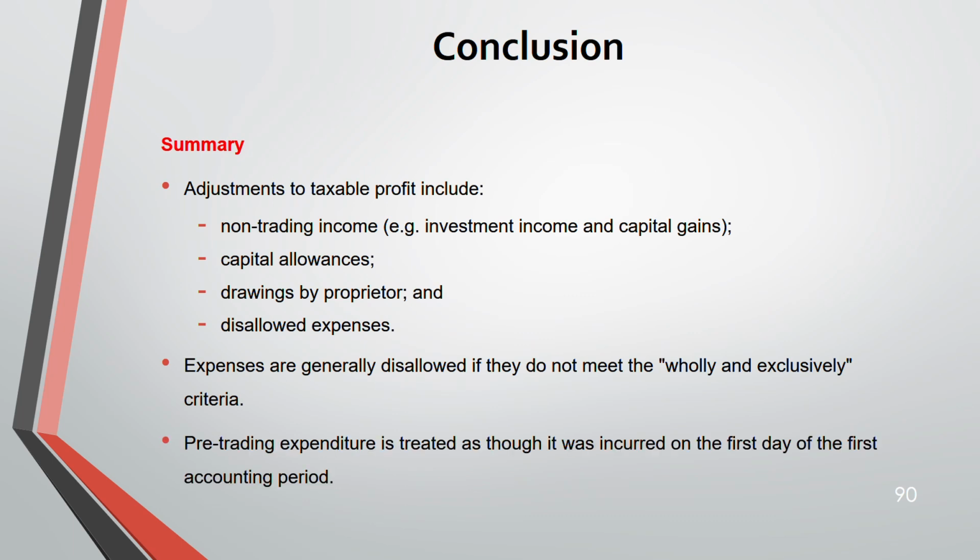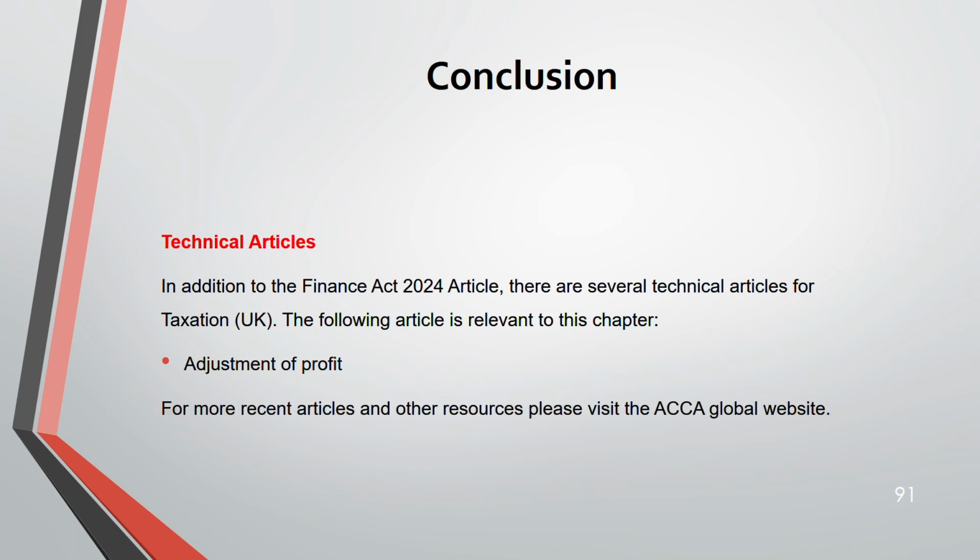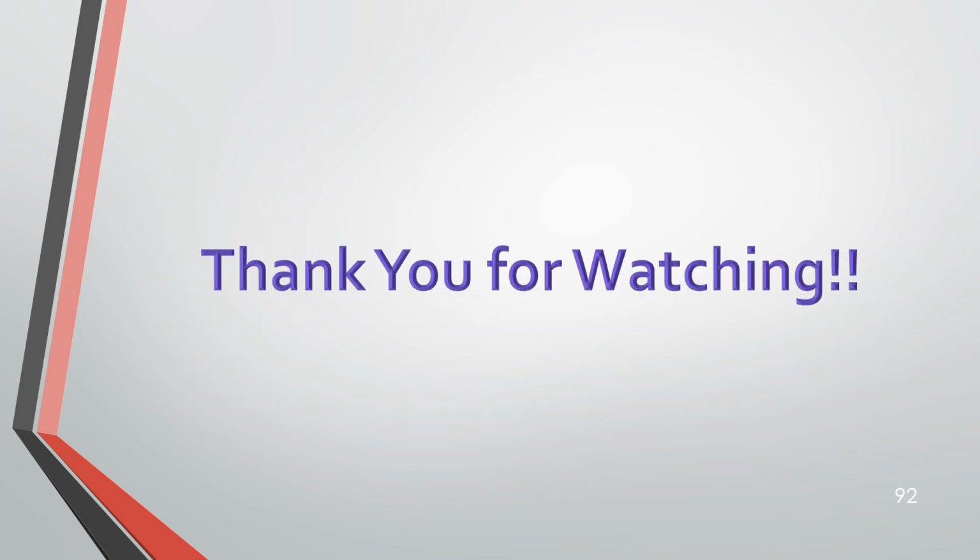And pre-trading expenditure, that means expenditure incurred before you start trading, will be treated as if it was incurred on the first day of your trading. Now, these are the technical articles you have to read on your ACCA website, that is adjustments of profit, for this lecture. Thank you for watching, and I shall see you in lecture 7.